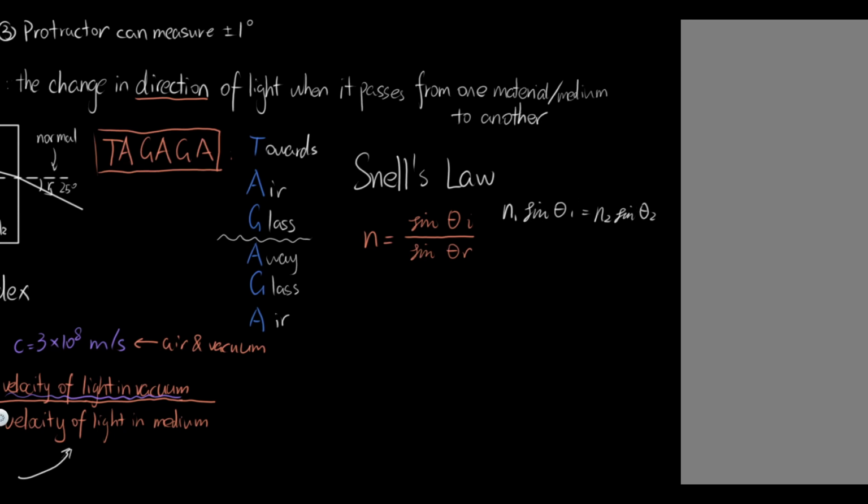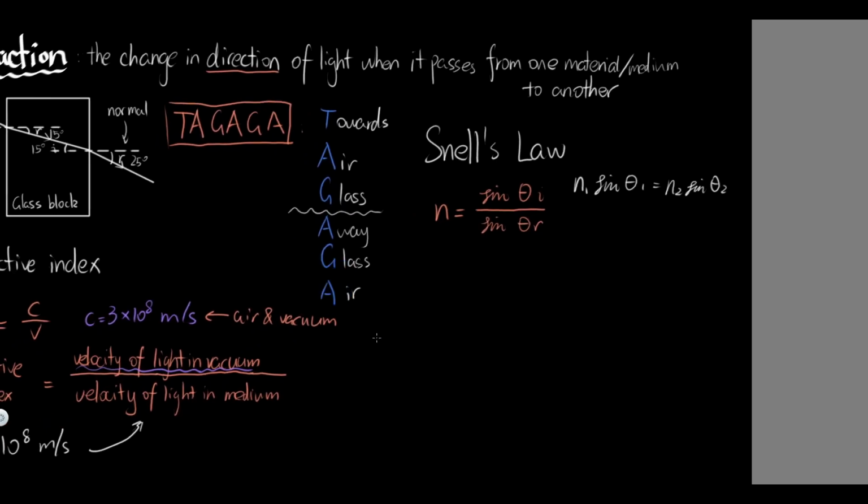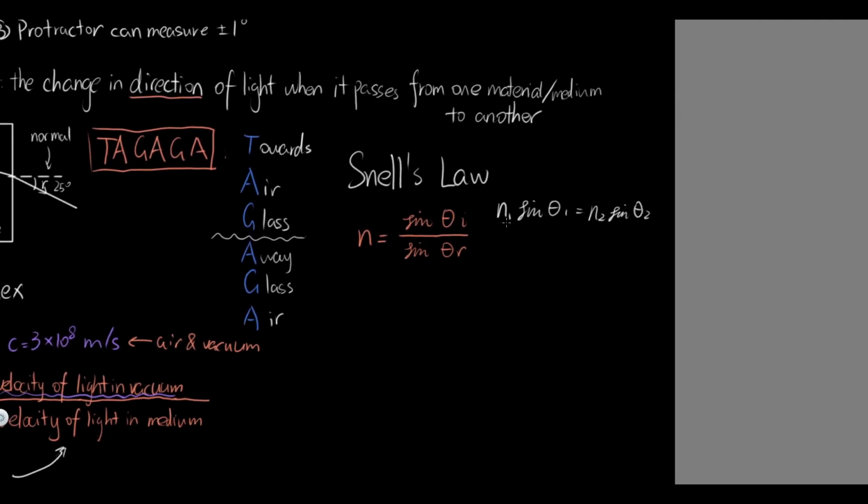The reason we are given this equation is that light travels at pretty much the same velocity in both air and vacuum, so the refractive index of air is usually just 1. If the first substance is air, it's just sine theta 1 equals n2 sine theta 2, and then you rearrange it to become sine theta 1 over sine theta 2.